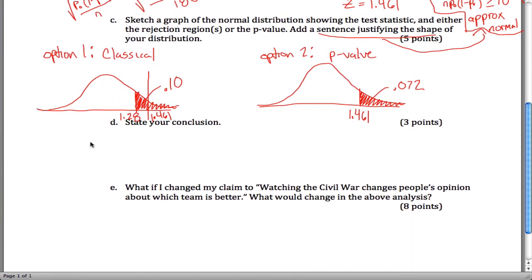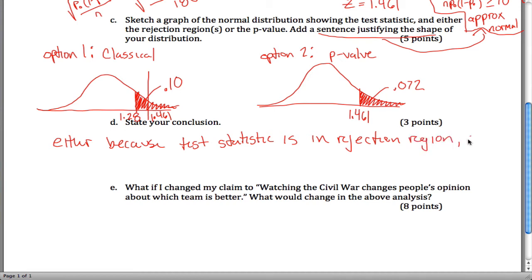So your conclusion: either because the test statistic is in the rejection region, or because our p-value, which in this case was 0.072, is less than alpha, which in this case was 0.10.